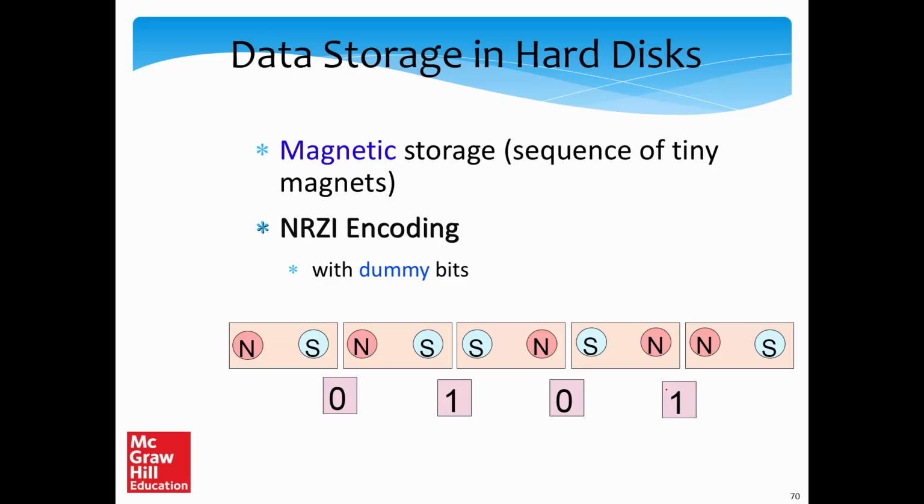So hard disks store data basically via having extremely small magnets, a sequence of tiny magnets. So we use NRZI encoding. Let's see how. A given magnet will have a north pole and a south pole.